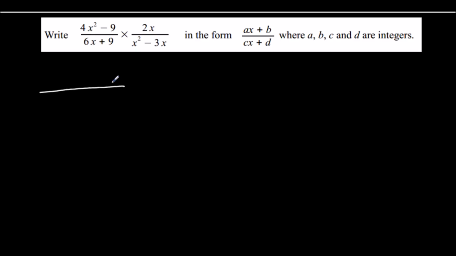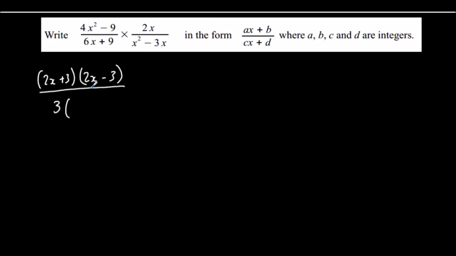So 4x squared minus 9 is the difference of two squares. They're both square numbers. So it's 2 brackets, and it's 2x plus 3 and 2x minus 3. 6x plus 9 is a single bracket.